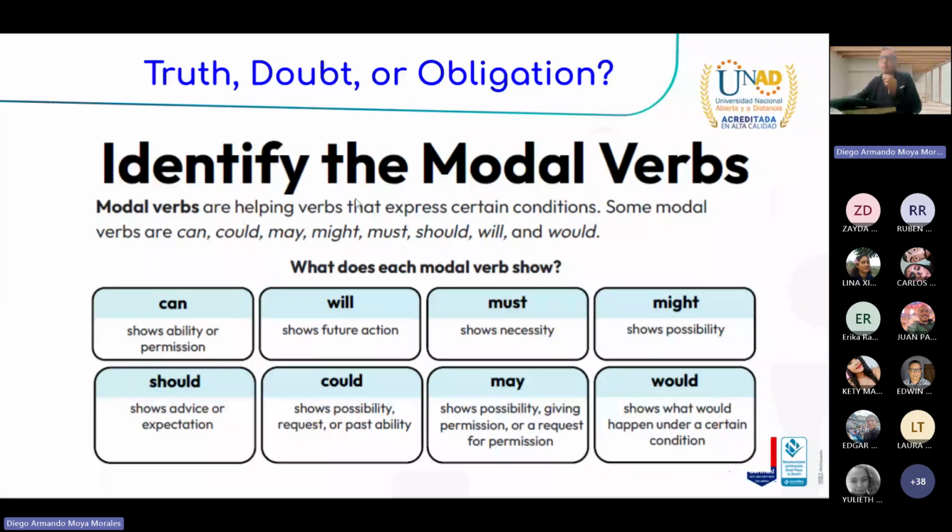What do you remember about modal verbs? Can you help me out, please? Any person who wants to participate, just raise your hand, or I can choose randomly. Let me hear you. What do you remember about modal verbs in general? Any ideas?